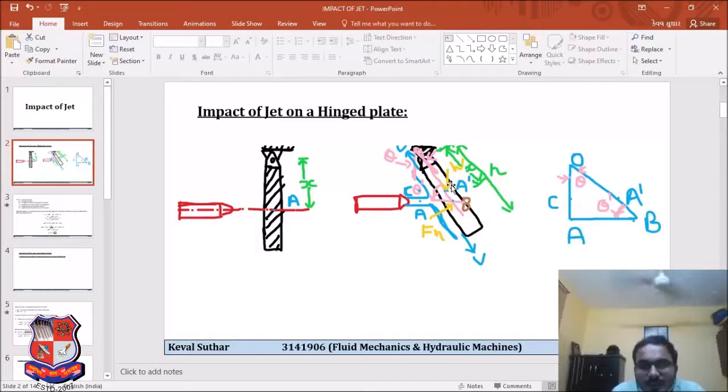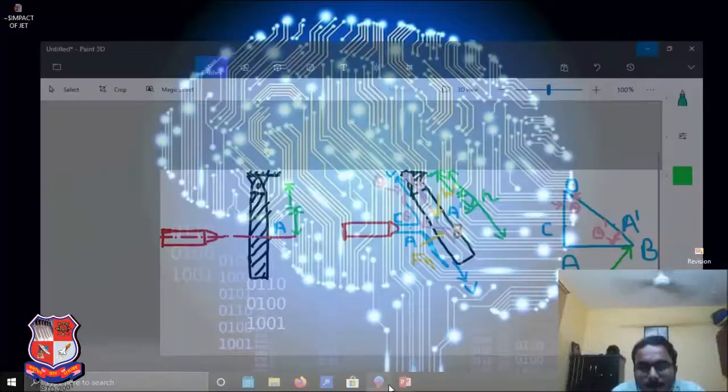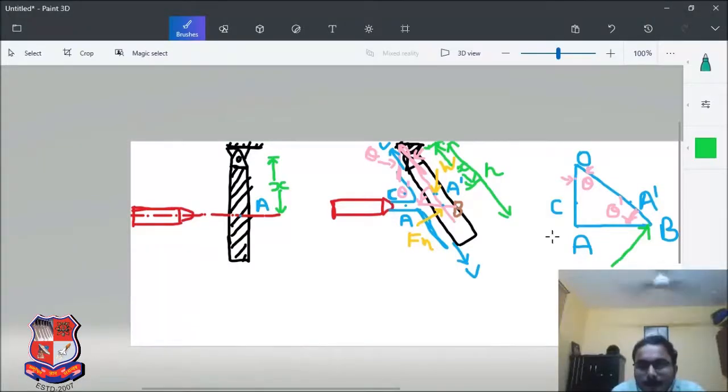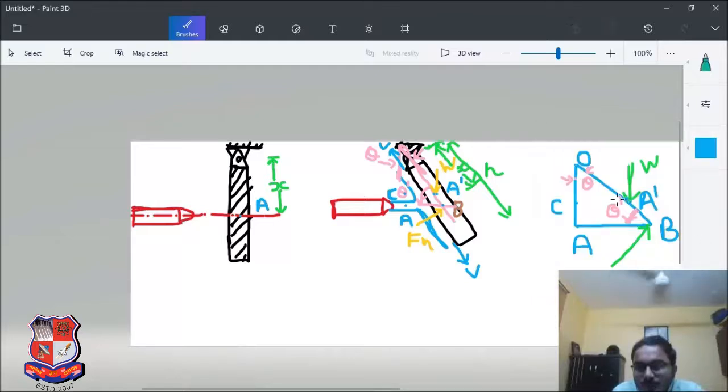So W is acting here, this yellow color force, which is at a distance of CA prime from the hinge.